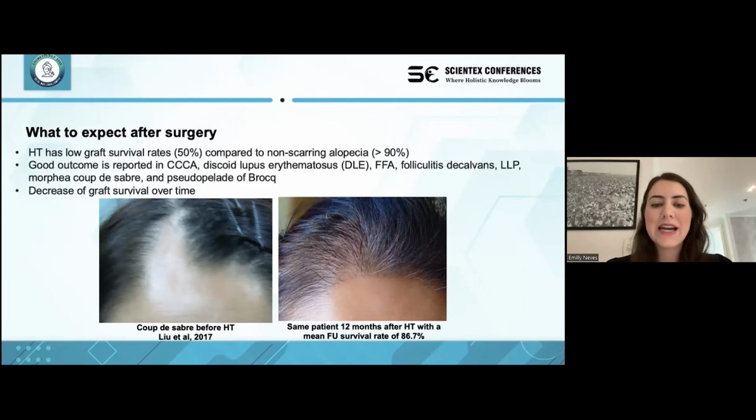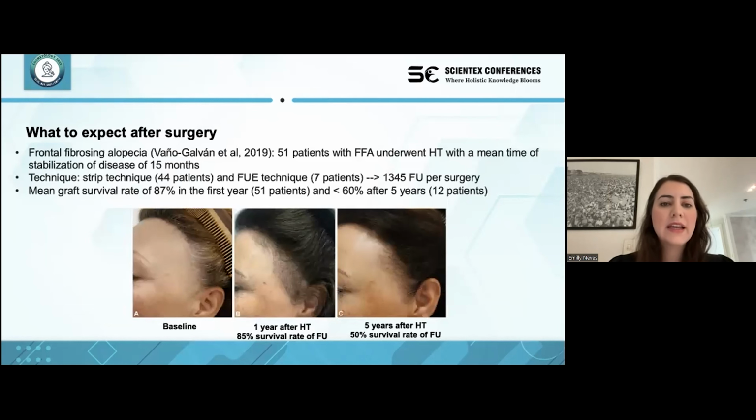We see here an image of a coup de sabre lesion before hair transplantation, and the same patient 12 months after the transplantation, with a good survival rate of follicular units. Vañó-Galván in 2019 published a study of frontal fibrosing alopecia after hair transplantation with 51 patients.